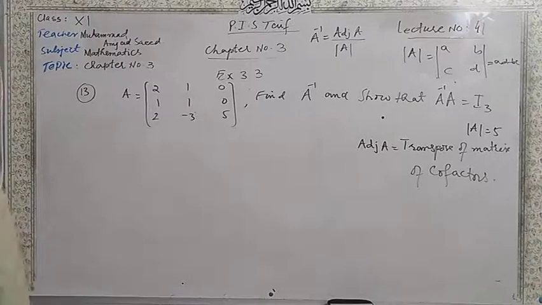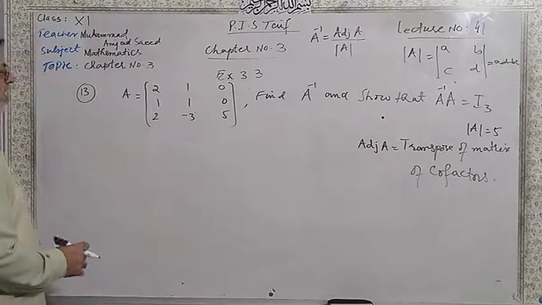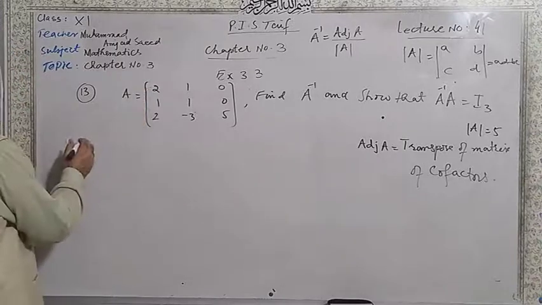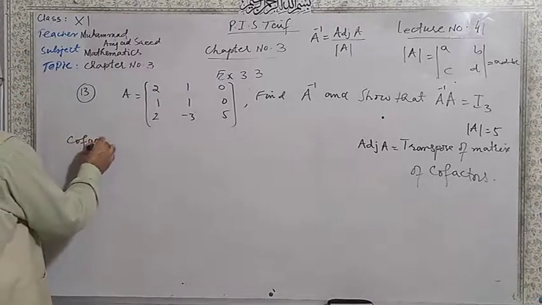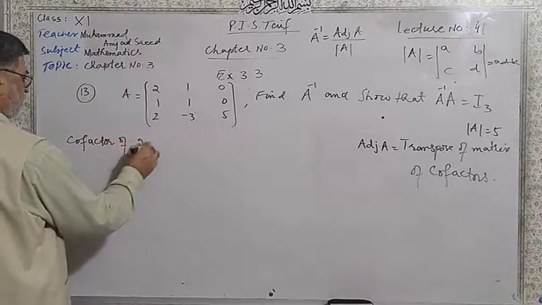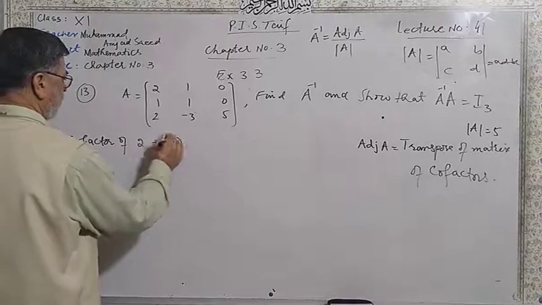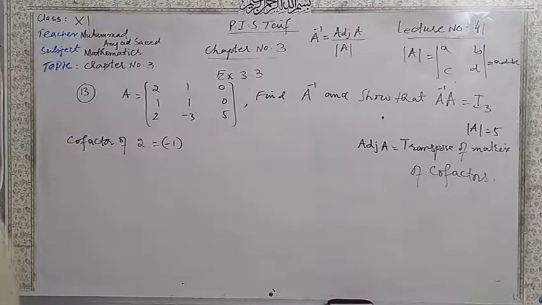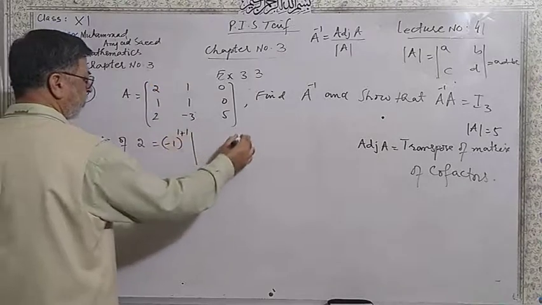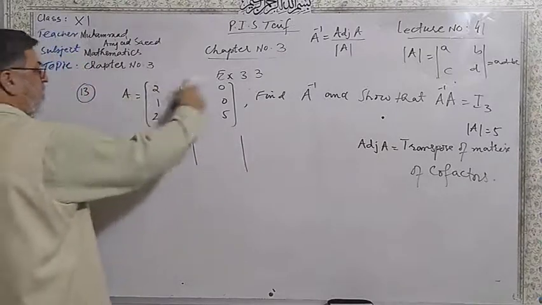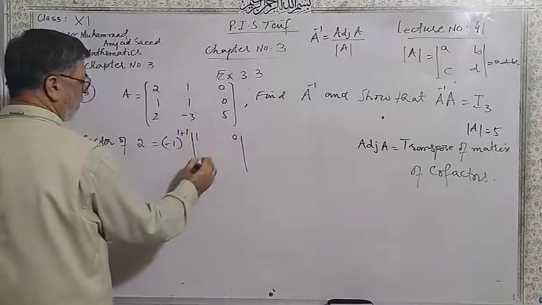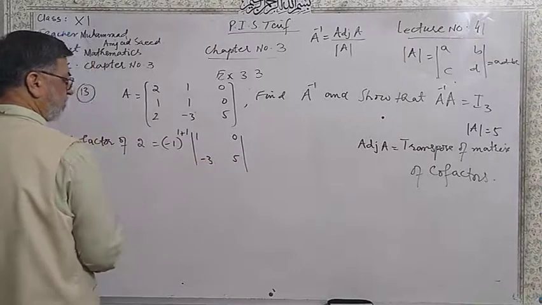Now here, you know what is the cofactor of 2? It is equal to minus 1 power, first row, first column, and 0 minus 3 5.